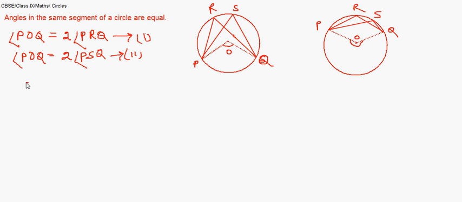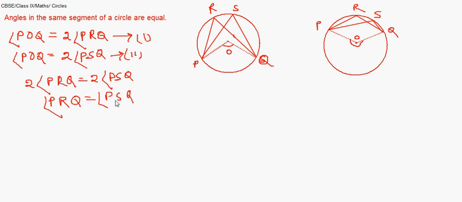So twice of angle PRQ equals twice of angle PSQ, thereby making angle PRQ equal to angle PSQ. So these two are equal, which is drawn on the same segment.